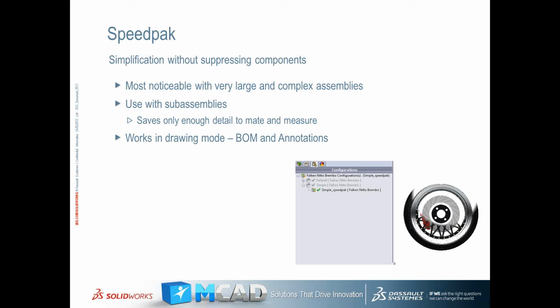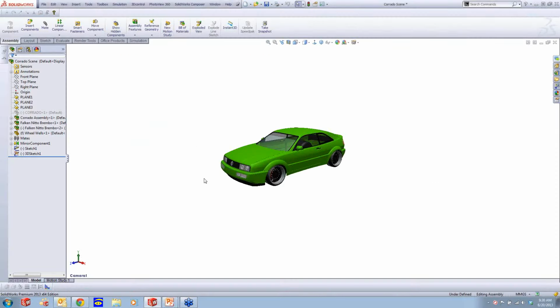All right, so let's take a look at SpeedPack and how we can use this. So again, I'm going to switch back into SolidWorks here, and we'll take a look at these wheels and tires here. So I'm going to go ahead and open one of these here.